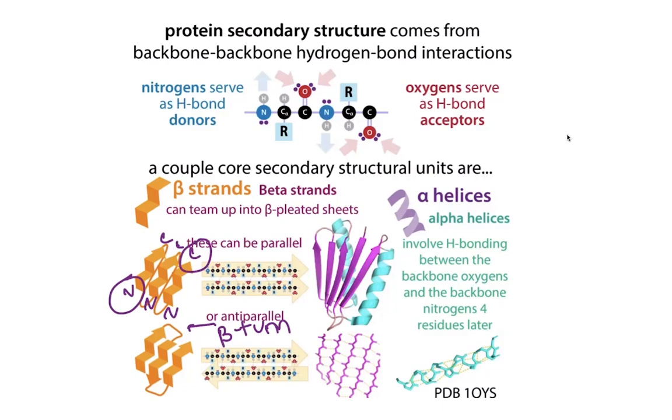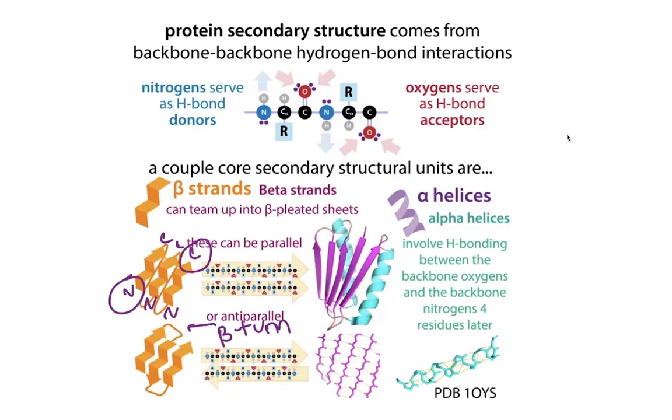So that's one of the main reasons I like to think about secondary structure as involving the backbone interactions. Sometimes you'll see it defined as local structural units, but these beta strands can involve regions that are pretty distant in their primary sequence, but close in their actual 3D space.